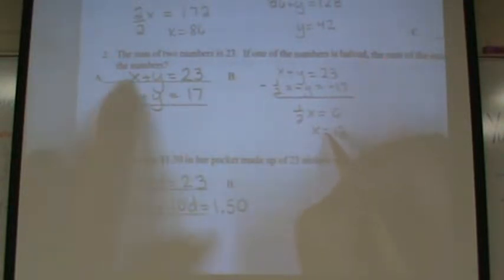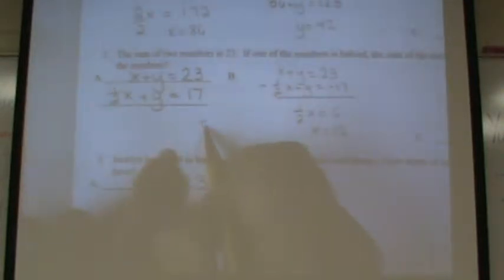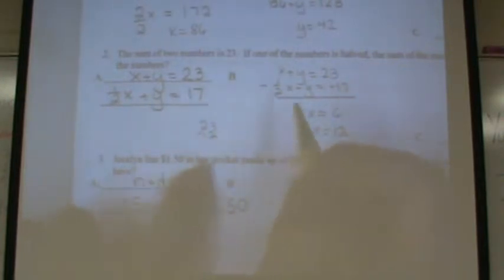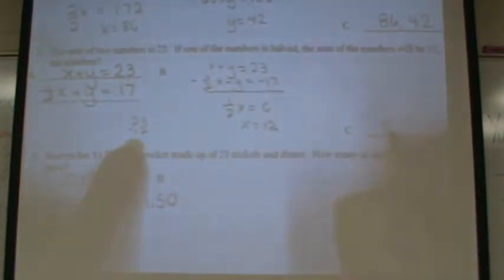So one of the numbers is 12. So then what's 23 minus 12? It's 11. So 11 and 12 are the two numbers.